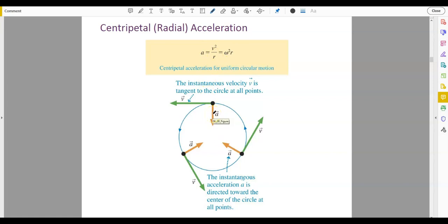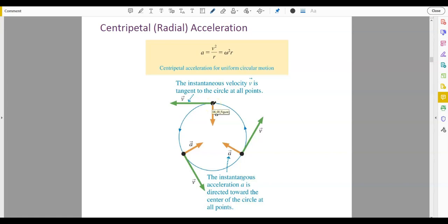So how you actually calculate that acceleration is you take the square of the velocity and then divide it by the radius, and that will tell you the centripetal acceleration.